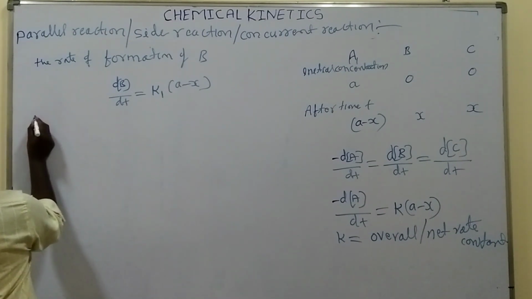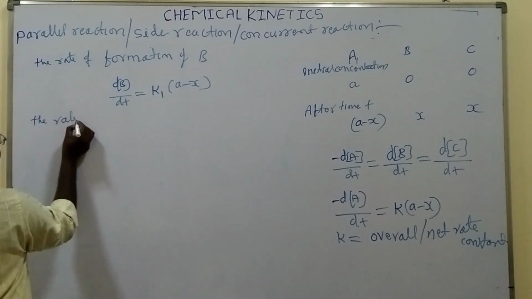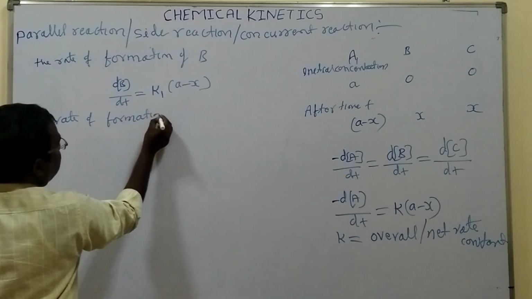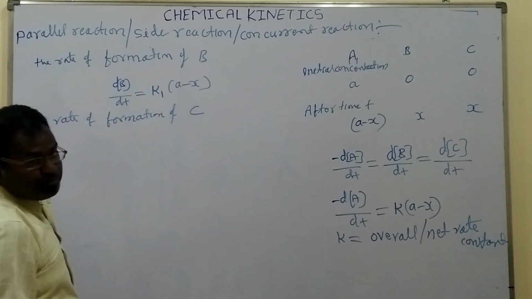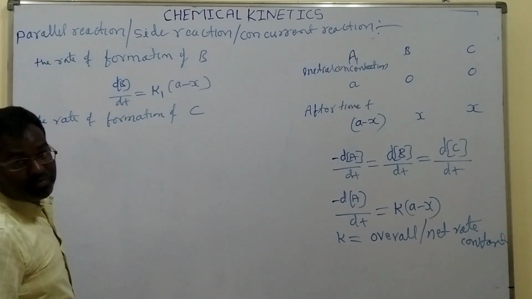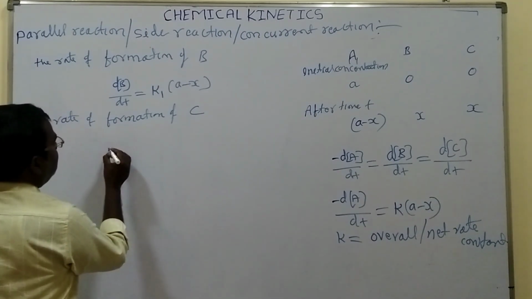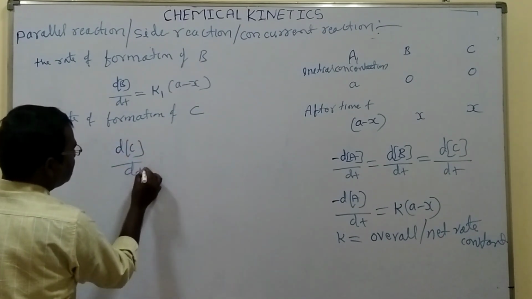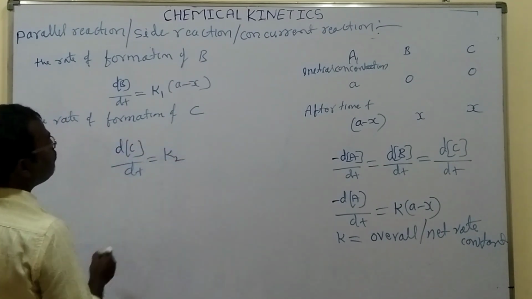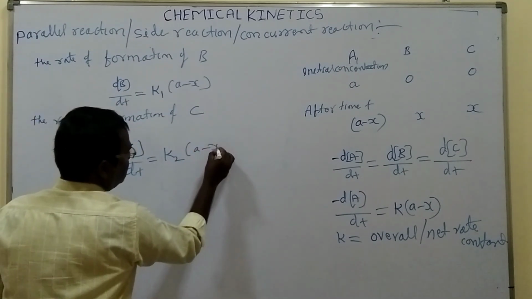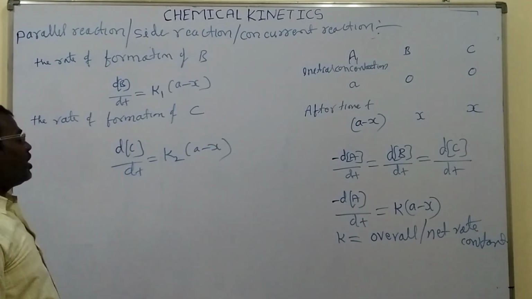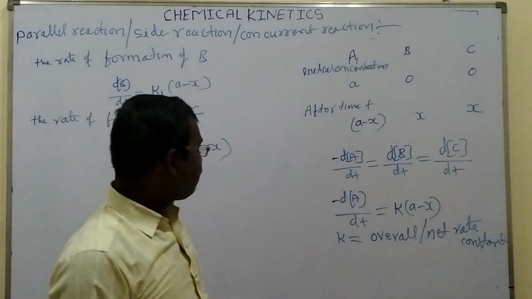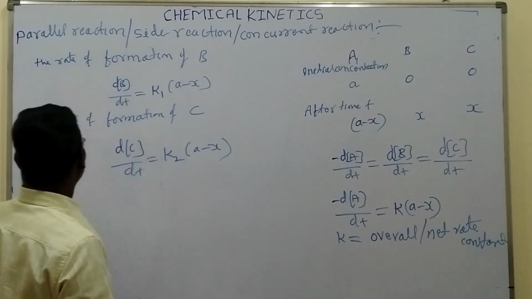Next, the rate of formation of C, dC by dt, is equal to K2 into (a minus X). Both are forming from the reactant A only, so that's why we are writing it this way.